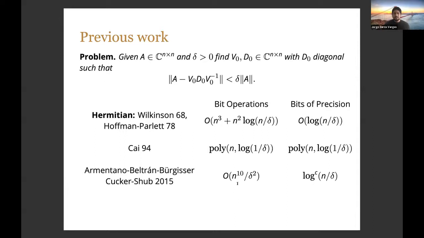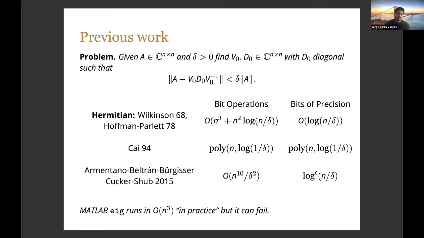They showed that using n to the 10 over delta squared bit operations and polylog n over delta bits of precision, this problem can be solved. Maybe just to point out that there's a 1 over delta squared dependence, that's not great. One wants log of 1 over delta.